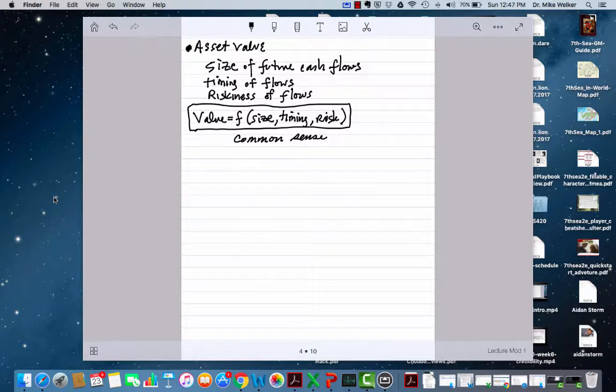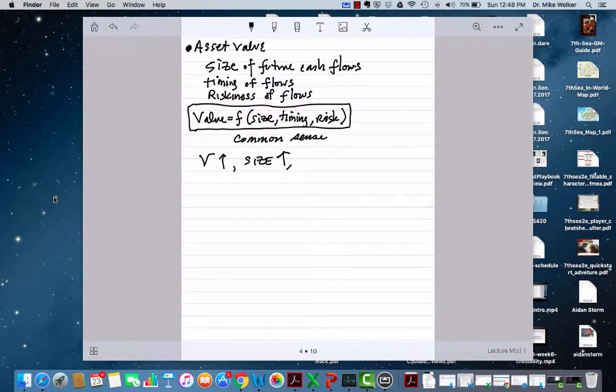In a general sense, ceteris paribus, all else being equal, an asset's more valuable. Value would be higher if the future cash flows are higher.